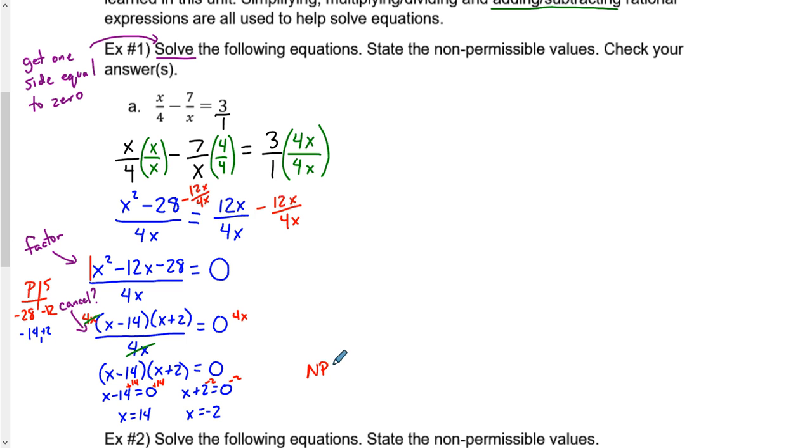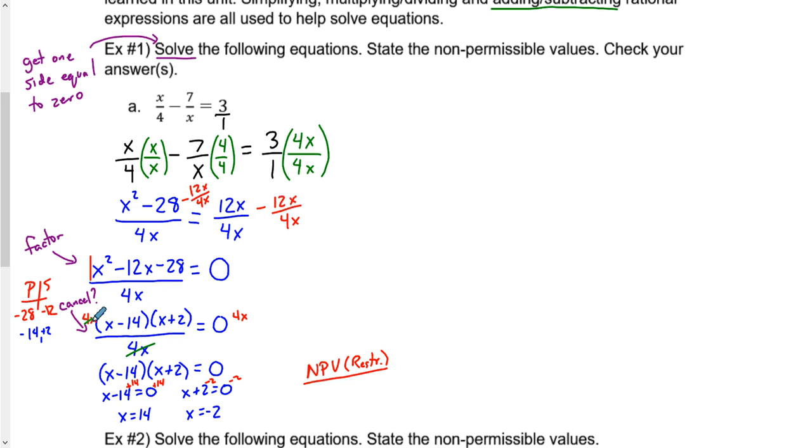Our non-permissible values, or our restrictions, are things in our denominator. Well, we technically only have 2 factors in our denominator. We have a 4, and we have an x. No matter where in our question, we only have a 4 and an x.